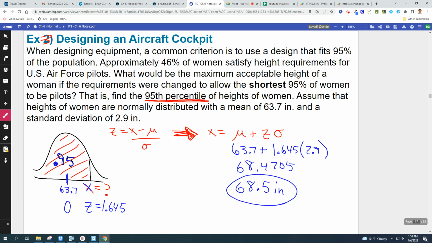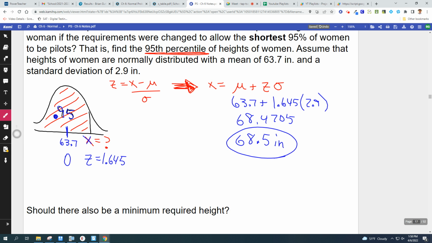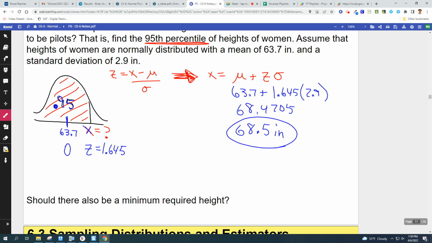Now, that seems like a lot of work, and maybe it is. But if you've got a calculator, it can be a lot easier than that. I'm going to use the inverse normal function, and I know that because they gave me the area. I'm going backwards this time. I'm not finding the area under the curve. I was given the area under the curve.